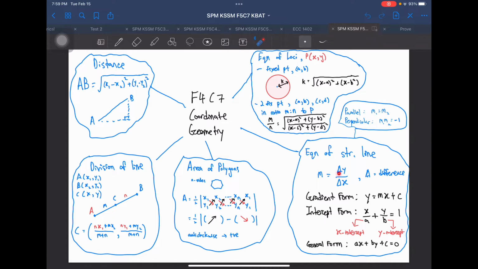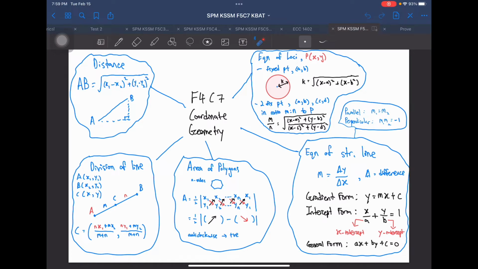this is the fourth part of this chapter, the equation of a straight line, where m is the gradient, which equals delta y over delta x. The meaning of delta is difference. As I said above in the first part, this is delta y and this is delta x.